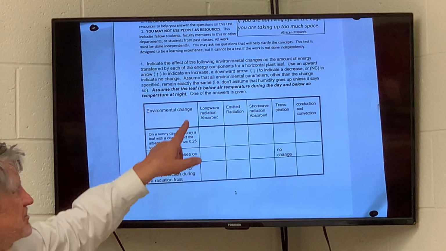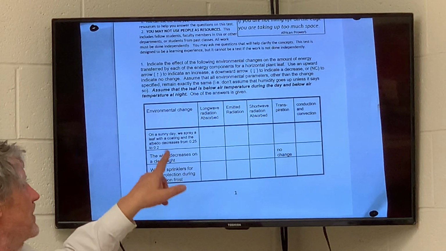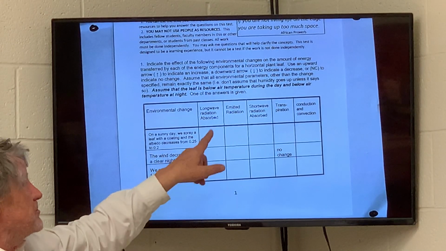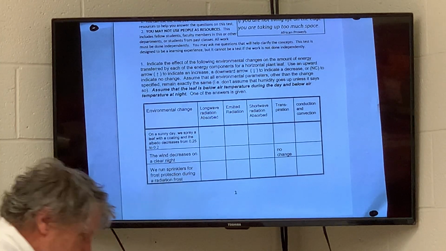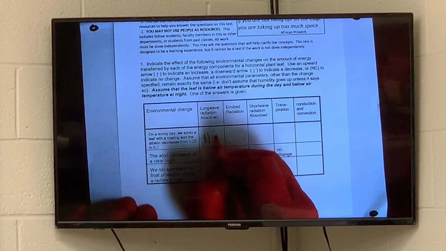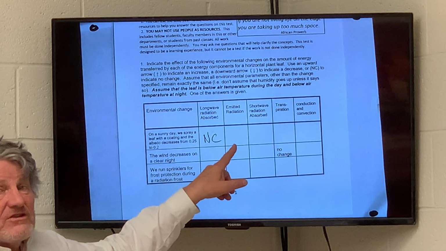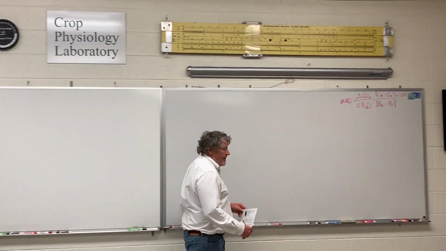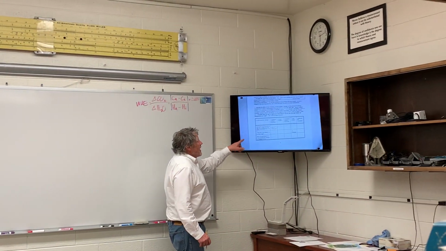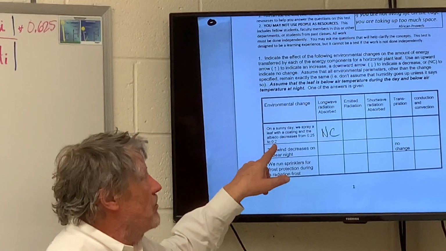But now look at this. The column for leaf temperature is not on this question anymore. If the albedo decreases, longwave absorbed, albedo doesn't affect longwave. So the first answer right here is NC. Emitted radiation is not affected by albedo directly, but the leaf is going to warm up because the albedo went down.